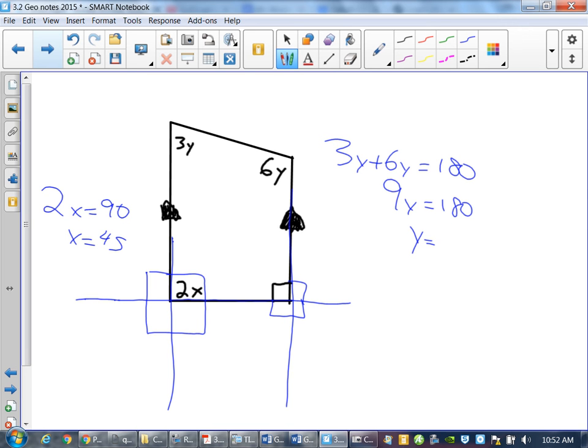Come on, you guys are supposed to do this in your head. They are consecutive interiors. Two parallel lines cut by a transversal. Same side, inside.